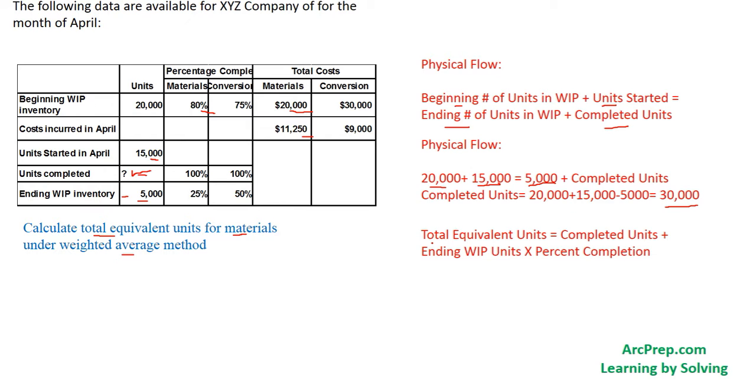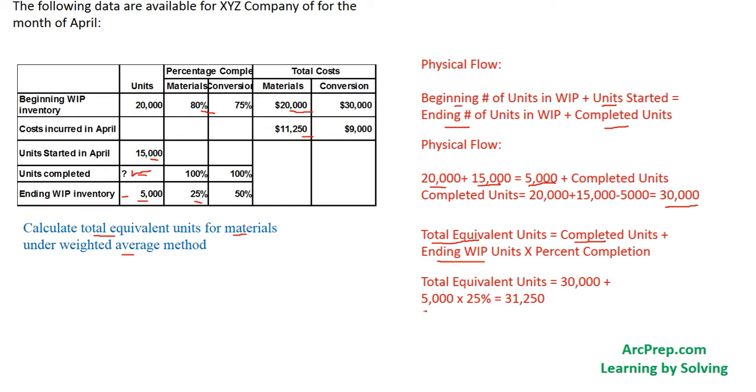Now, total equivalent units, based on the questions we had, questions 13 and 14, we need to add 100% to 100%. So completed units is 100%, that is 30,000. And then we need to convert the 5,000 that is 25% complete into something that is 100% complete.